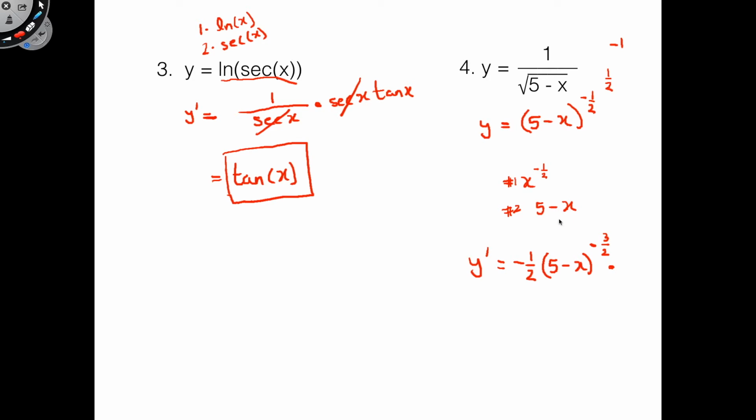It's going to be negative 1, not just 1, because it's negative x over there. So just putting all this together, the negatives would cancel out, so you'd have 1/2 times 5 minus x to the negative 3/2 as your final answer.